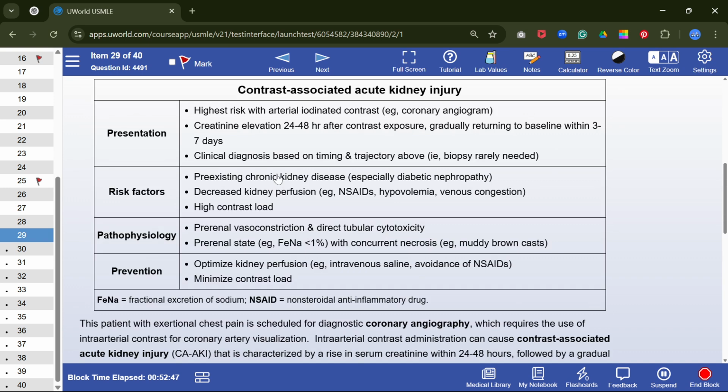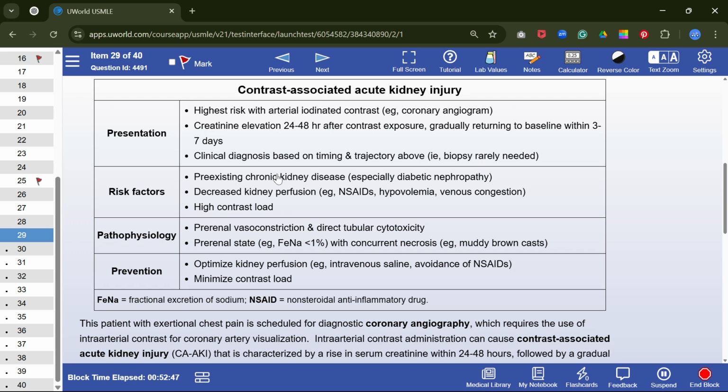Highest risk with arterial iodinated contrast, coronary angiogram. Creatinine elevation 24 to 48 hours after contrast exposure, gradually returns to baseline within 3 to 7 days. Clinical diagnosis based on timing and trajectory above.